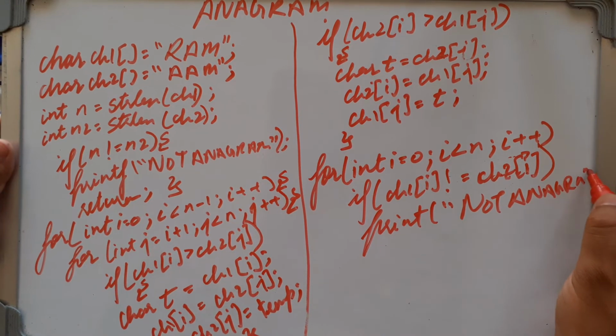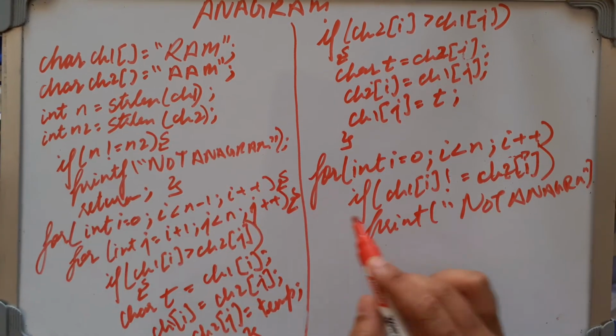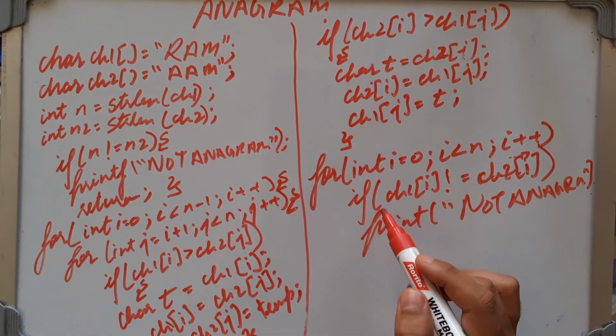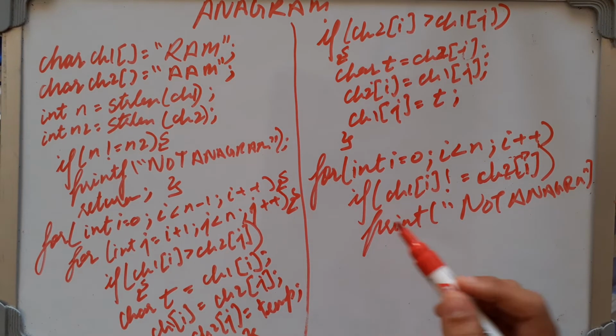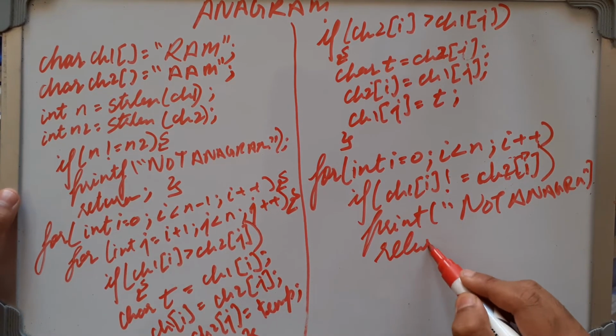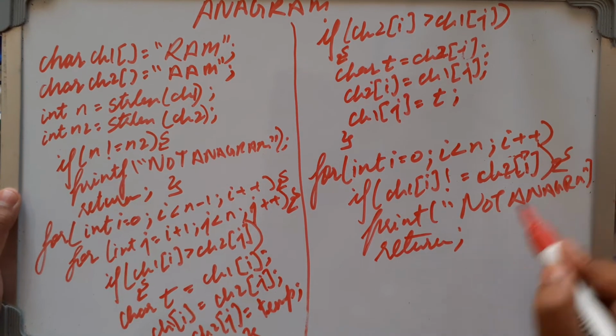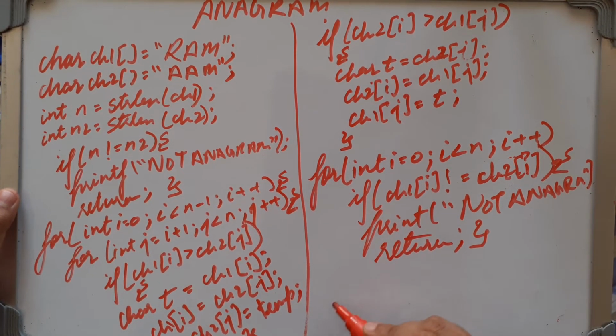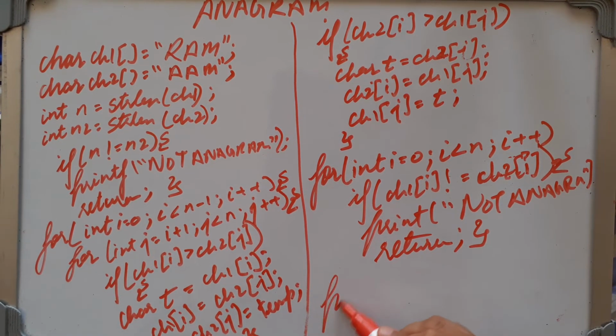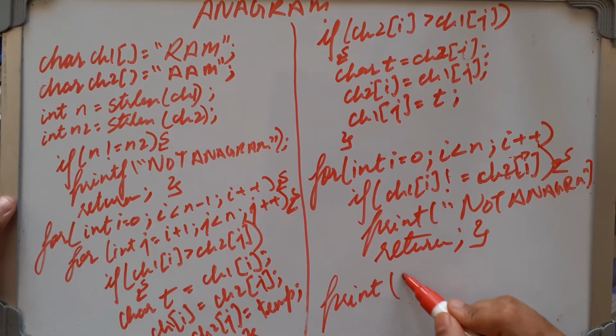Okay, this will print if it's not an anagram and return again, otherwise print here anagram.